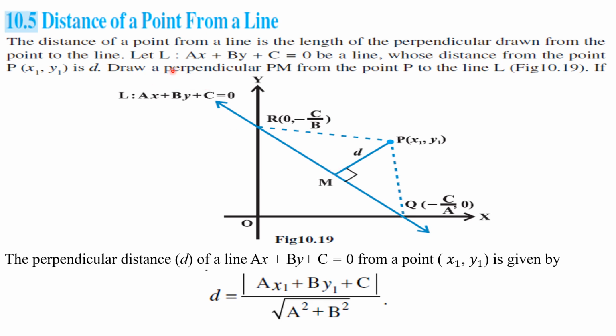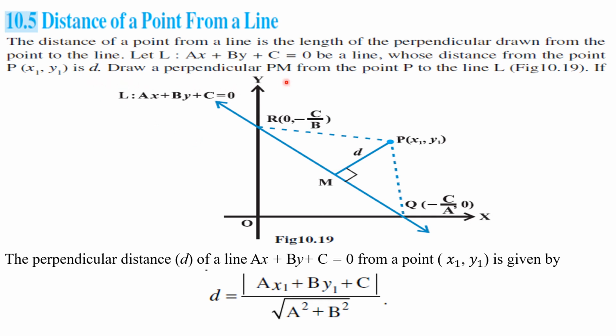Right. Let L, ax plus by plus c is equal to 0, be a line. This is the equation of the given line, whose distance from the point P(x1, y1) is d. Let us denote the perpendicular distance, or the distance of the point from the line, as d.